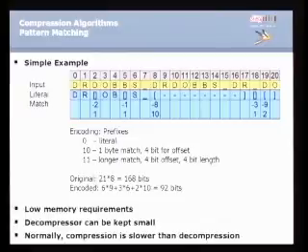Considering this encoding, you can see that the resulting data stream will be shorter than the original one. The original one has 168 bits. The encoded one is much shorter, 92 bits only. You have 6 literals to copy, 3 1-byte matches, and 2 longer matches, which makes up 92 bits.